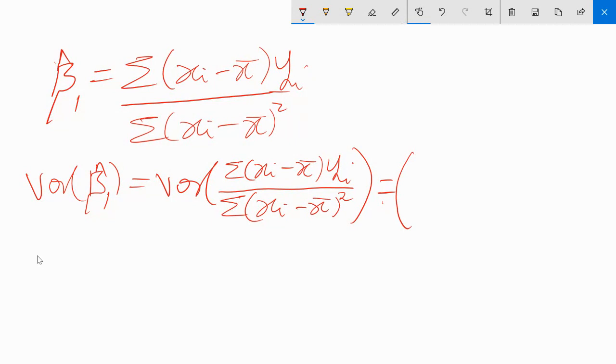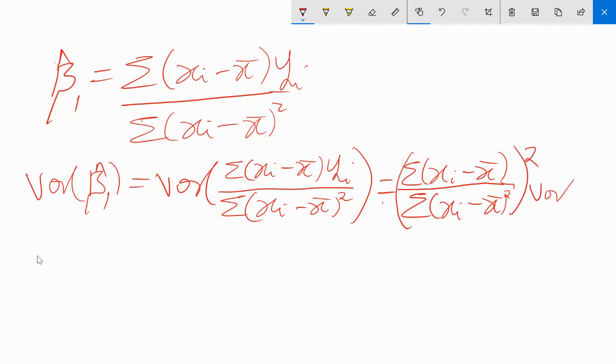So we're going to have this as a constant squared, multiplied by the variance of y.